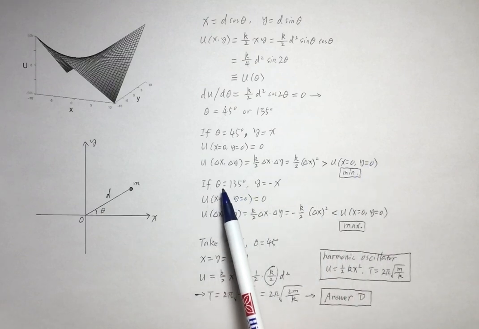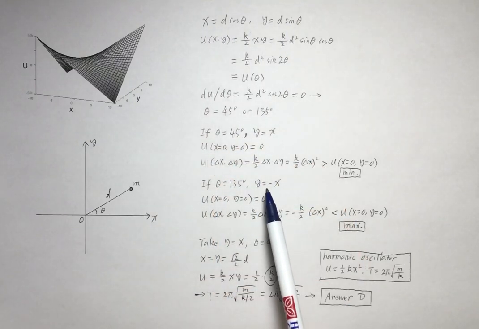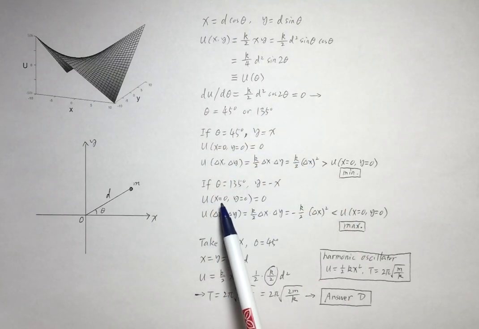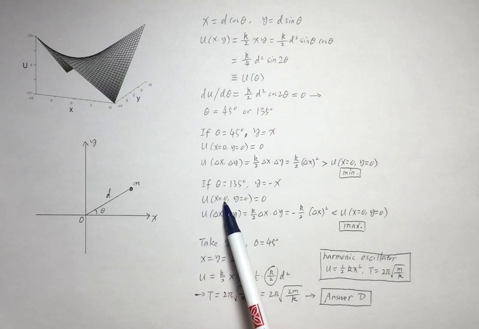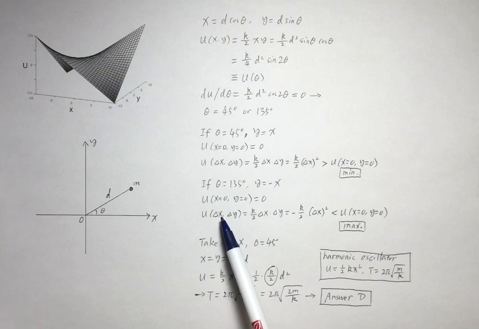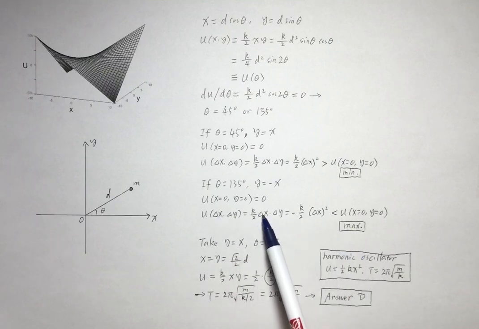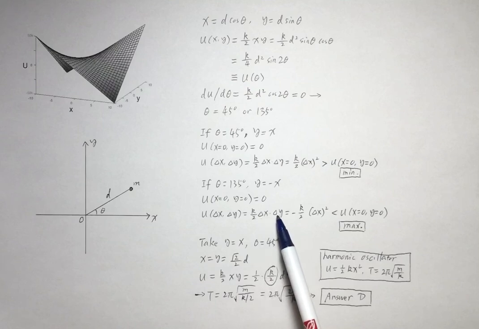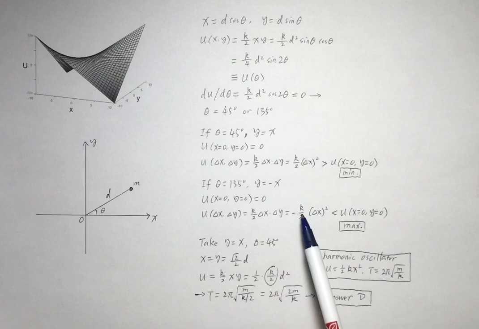Now let's look at theta equal to 135 degrees. According to these two equations, y equals minus x. Again, the potential energy at the origin is still 0. Now let's look at the potential energy at a location slightly deviated from the origin, delta x, delta y. We plug delta x and delta y into the expression of U(x,y).